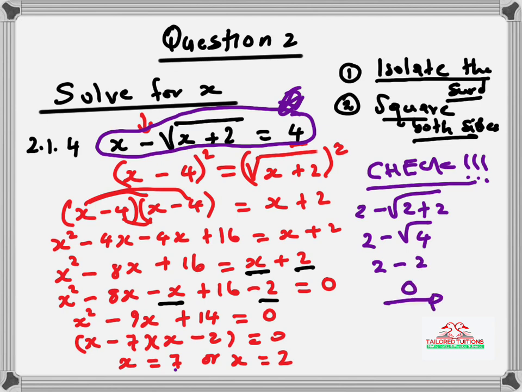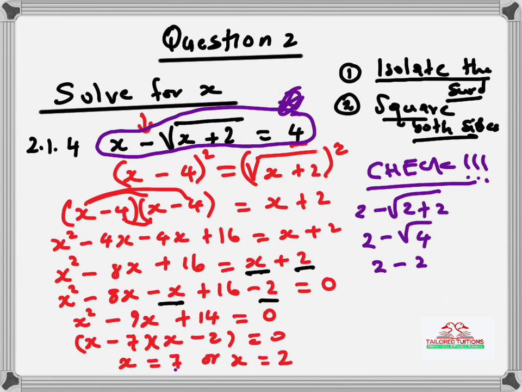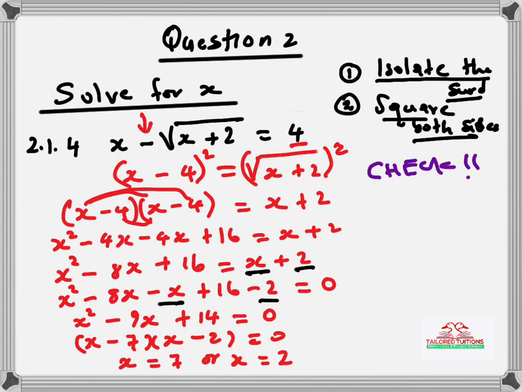We are getting 0, which means x equal to 2 cannot be the solution to this question. Now guys, I am emphasizing this because this is where we normally find learners making mistakes. Everything is correct, but they forget to check their solutions.